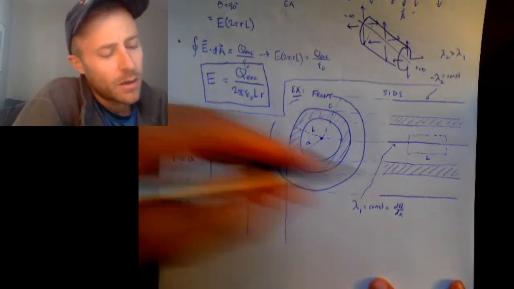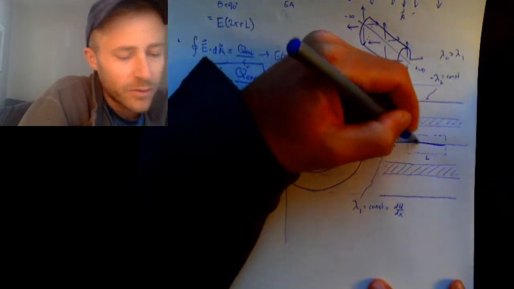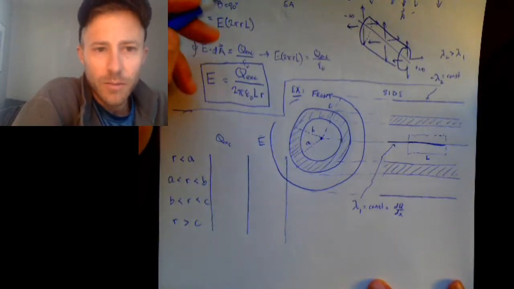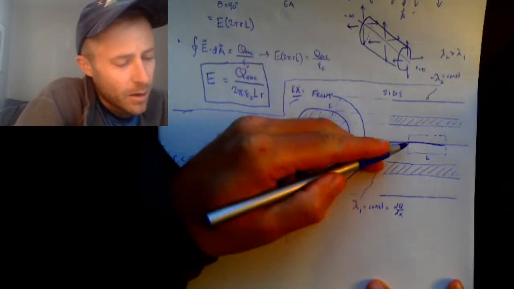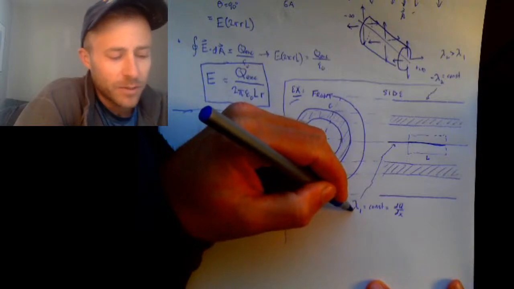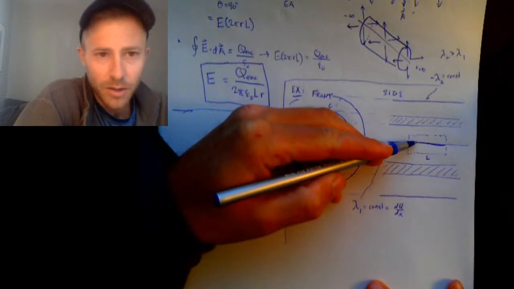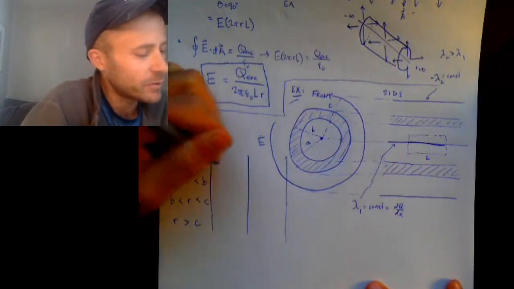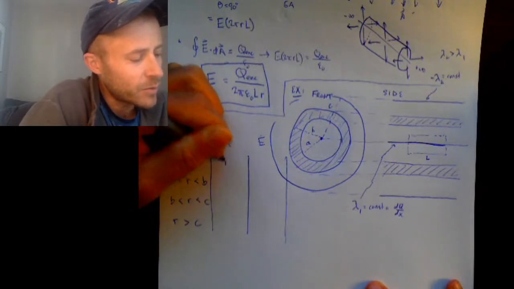Well, you can see that it's basically enclosing this segment of the central line of charge. Now that central segment has length L, and because lambda is charge per length, if I take lambda and multiply it by length, that's going to be the amount of charge that is captured by the Gaussian surface. So this one has charge enclosed of lambda 1 L.